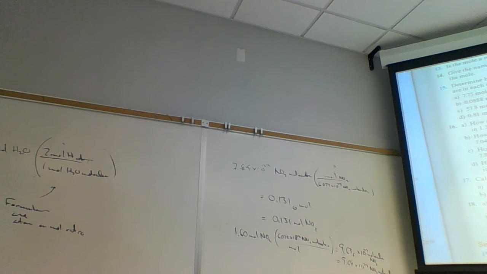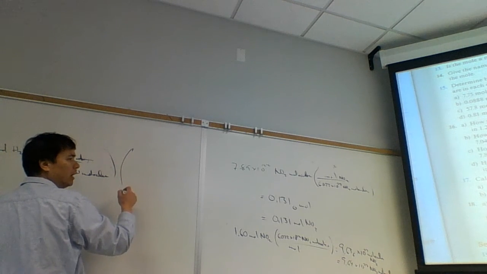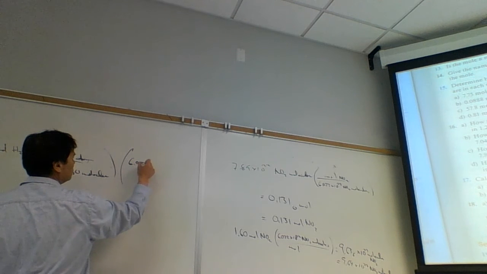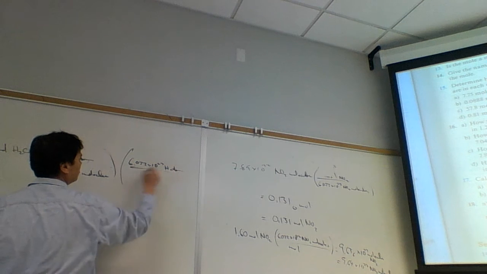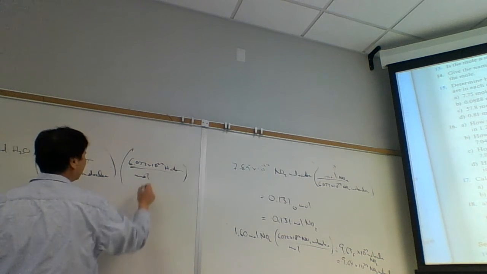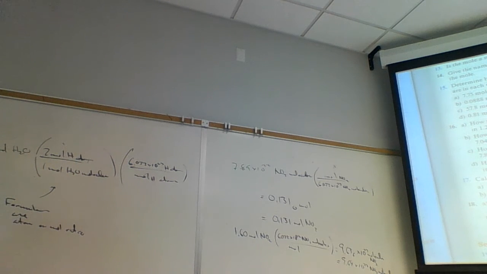And so in other words, for every 12.044 times 10 to the 23rd H atoms, I'm going to have 6.022 times 10 to the 23rd H2O molecules. Okay, now we'll figure out how many atoms are present. There's 6.022 times 10 to the 23rd H atoms for every mole of H atoms. So everything cancels out except the number of H atoms.